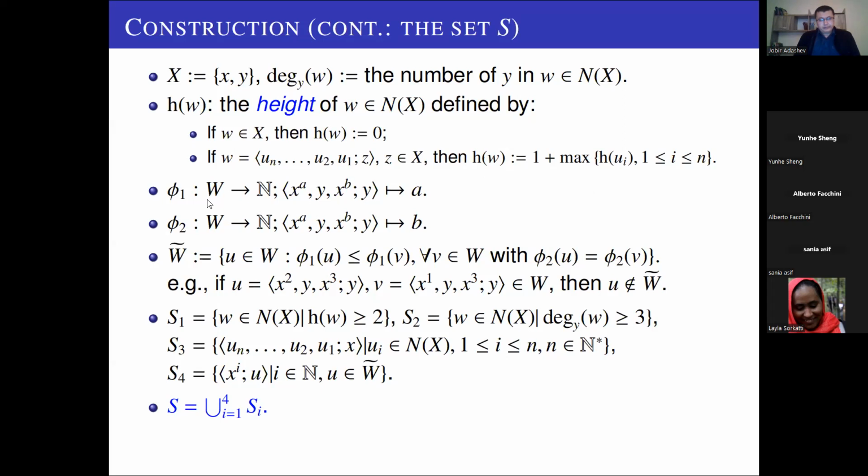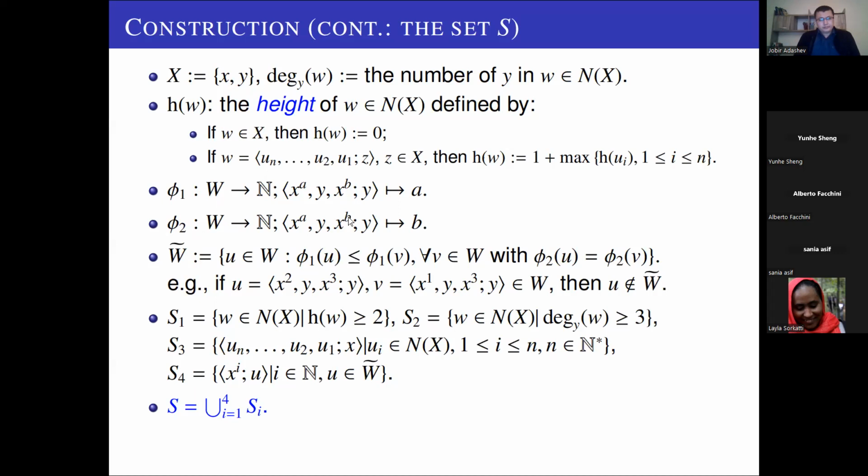Then we use phi 1 to take the value A. For each word W, phi 1 of W is A, which means the number of X before the first Y, and phi 2 gives the number B.